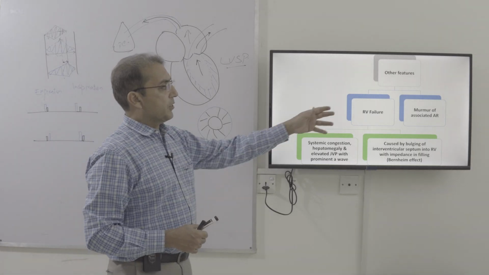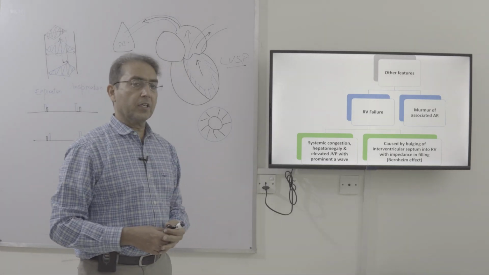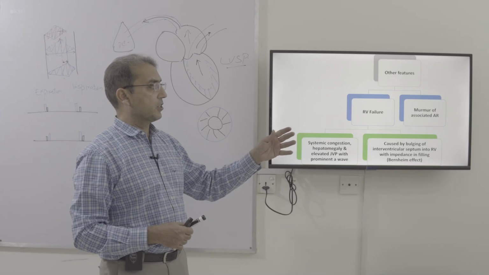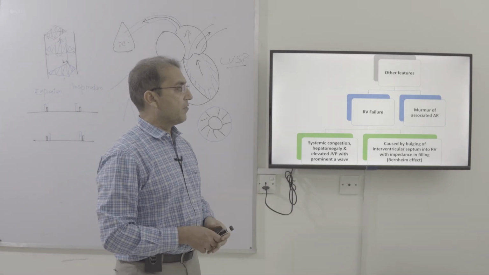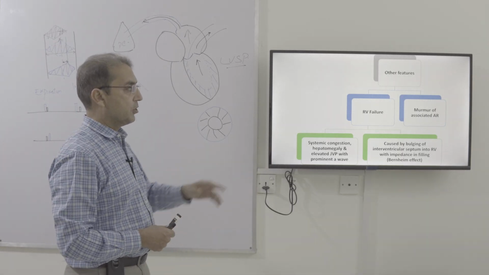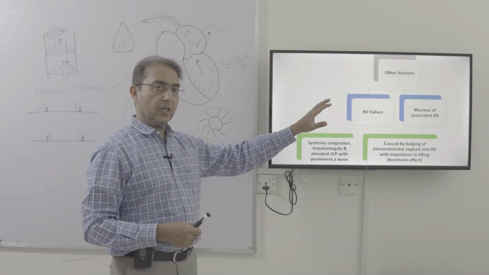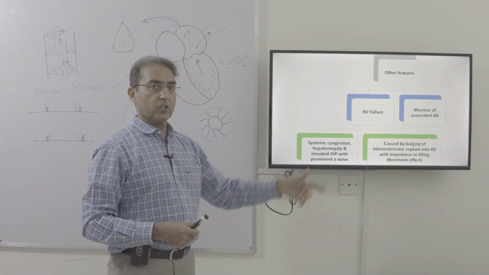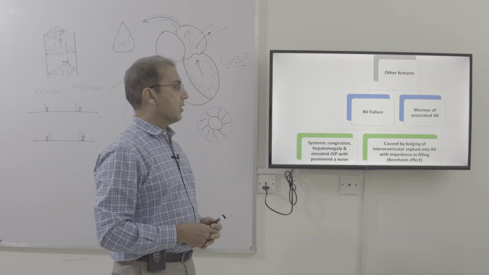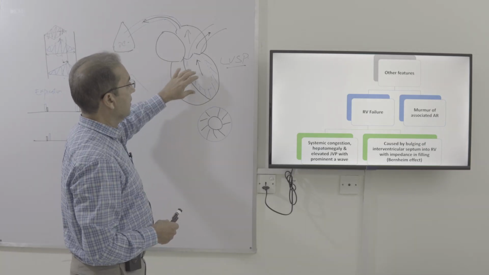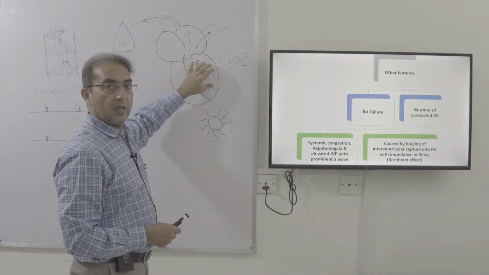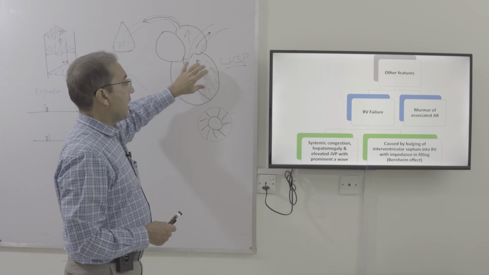Then other features: the patient may have associated aortic regurgitation, and there may be a murmur of aortic regurgitation there. The patient may have right ventricular failure. The right ventricle may not fail, but there are features of right ventricular failure, that is systemic congestion. Now what happens when there is hypertrophy of this left chamber and there is a high pressure?